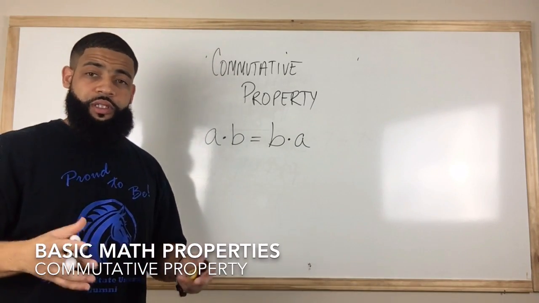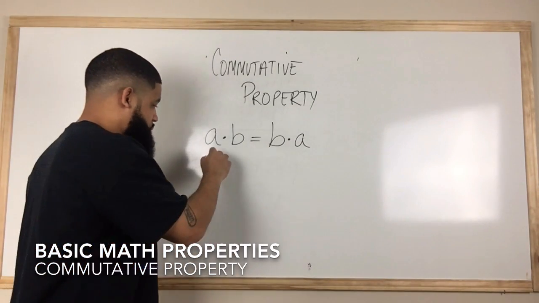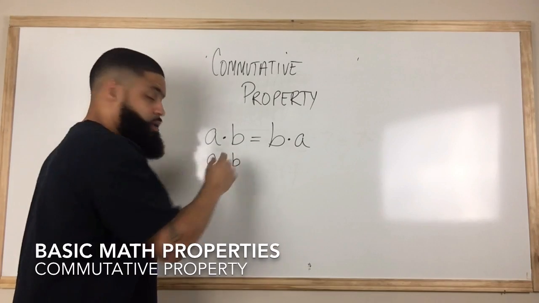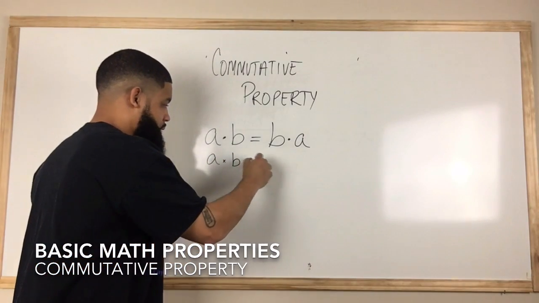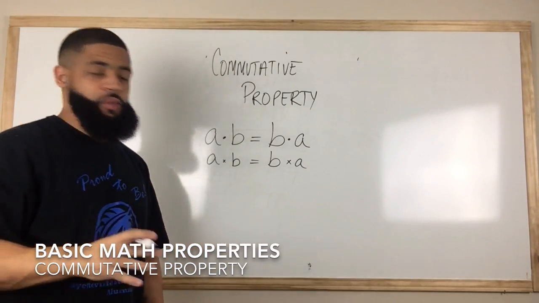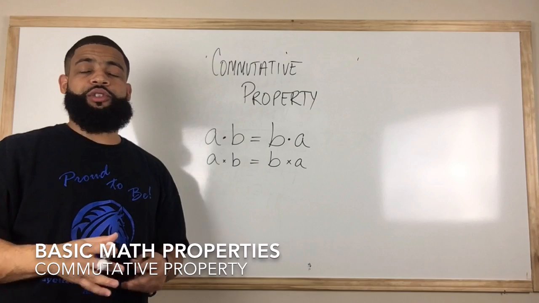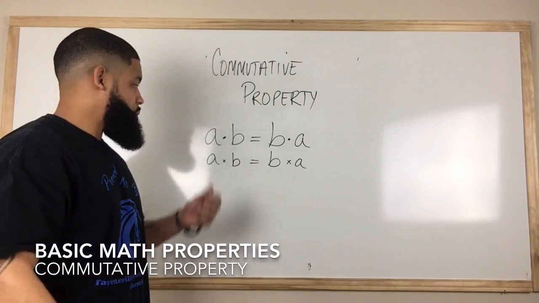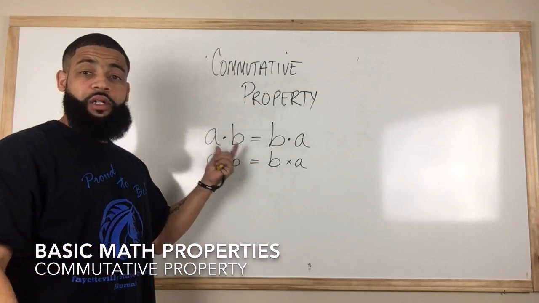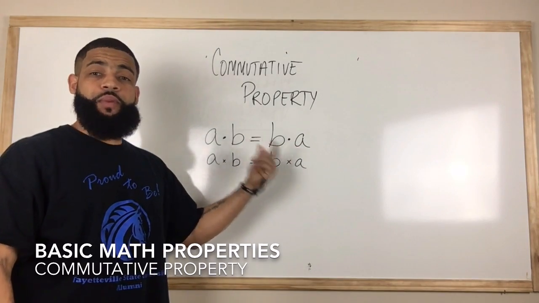Some people use parentheses, some people use the X for the basic level, so I'll use that version. A times B is equal to B times A. Those are some small X's because I want the lower level students to be able to understand this concept as well. The main thing is we're taking the product of A and B, and it's going to equal the product of B and A.